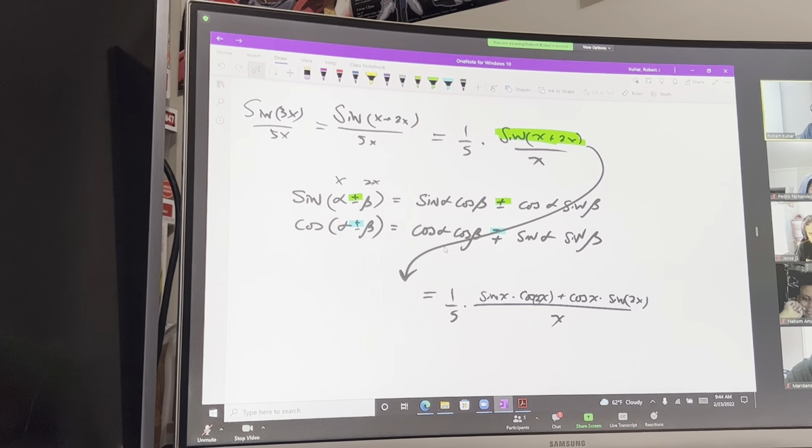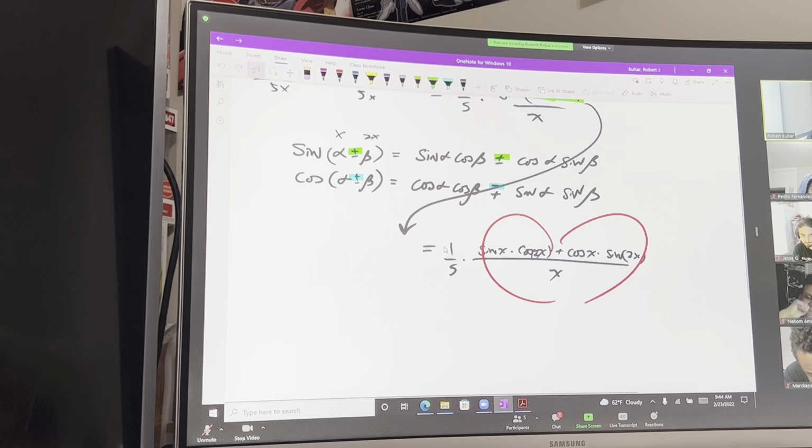Then I'm going to divide and conquer, meaning if you've got more than one term in your numerator, you can split them. So I've got 1/5 times sine x cos 2x over x plus cos x sine 2x over x.